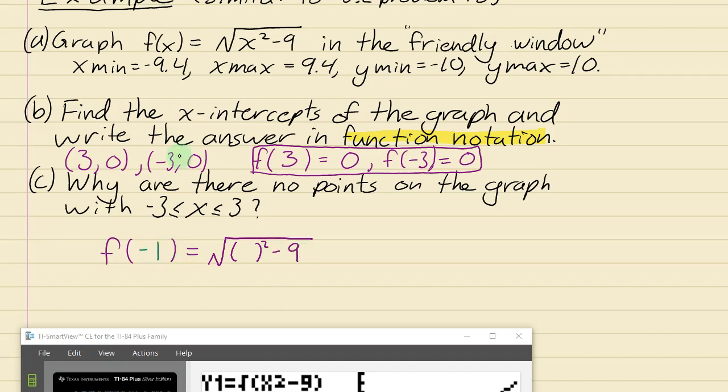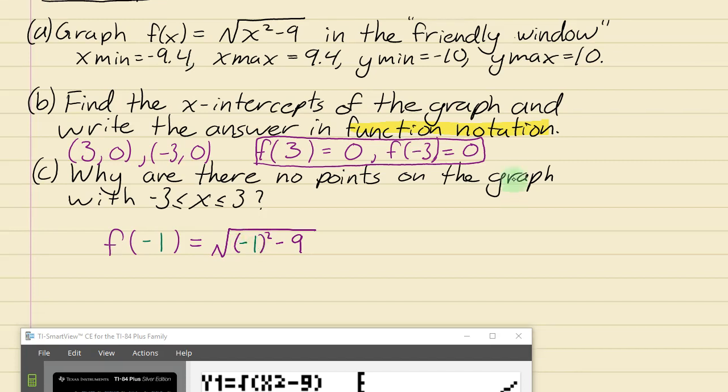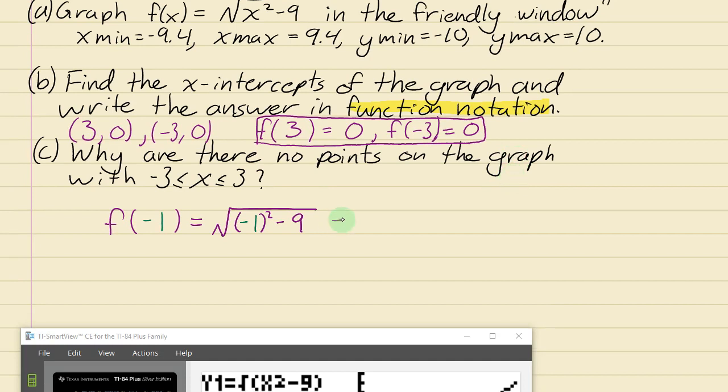But we're plugging in x equals negative 1, so this is going to be negative 1 here. That gives you the square root of negative 1 squared is 1, so you get 1 minus 9, or the square root of negative 8. But this is imaginary. You can write it as the imaginary unit times the square root of 8, but it's not a real number.